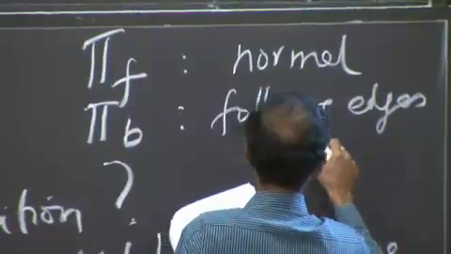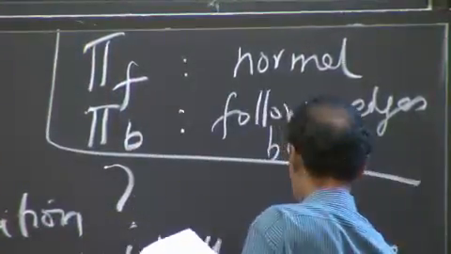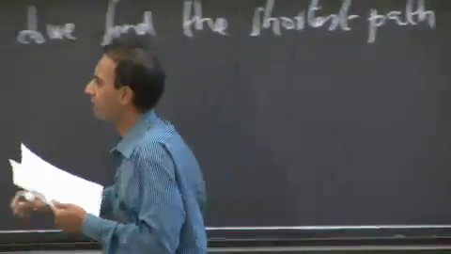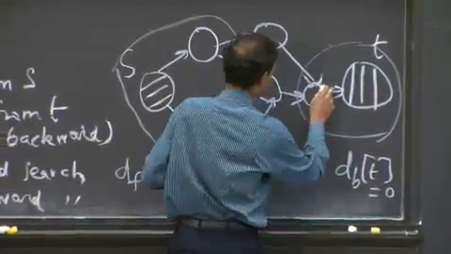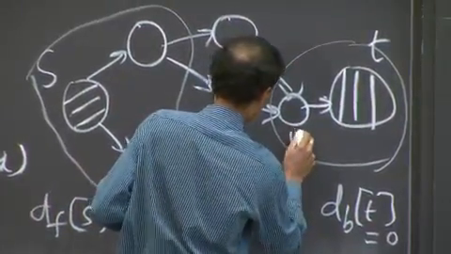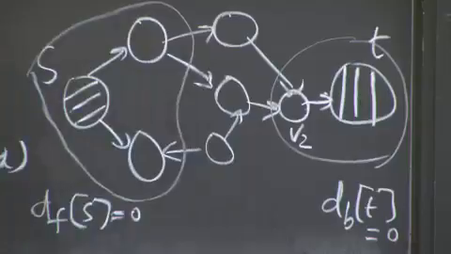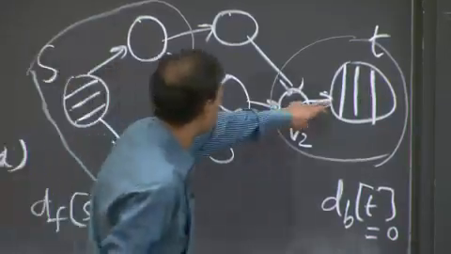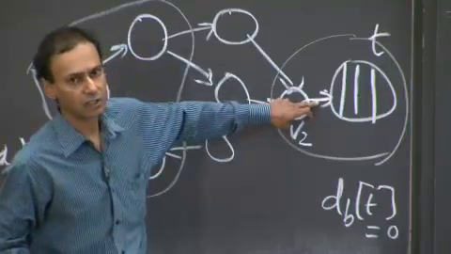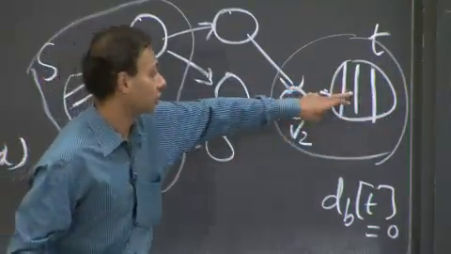So in some sense, the predecessor, so in the case of pi B, what you're saying is on this node here, which I'll call V2, for example, if I'm going to choose this path here, I need to obviously choose this edge here in any shortest path that gets to T, right?